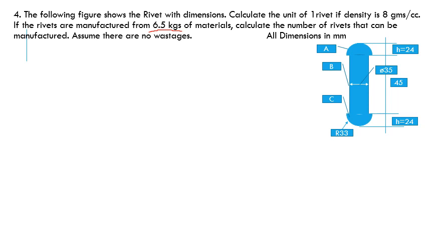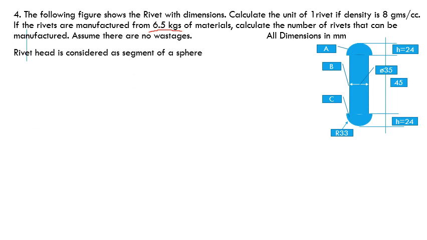Assume that there are no wastages. So allowances are assumed to be neglected here. Without considering any allowances, let us calculate the number of rivets that can be manufactured from 6.5 kgs of material.